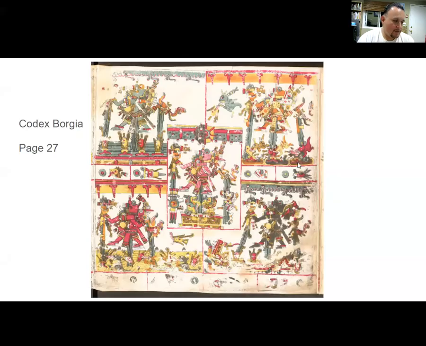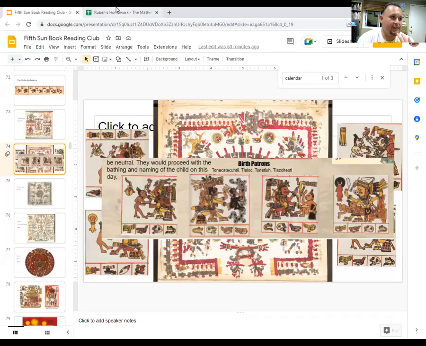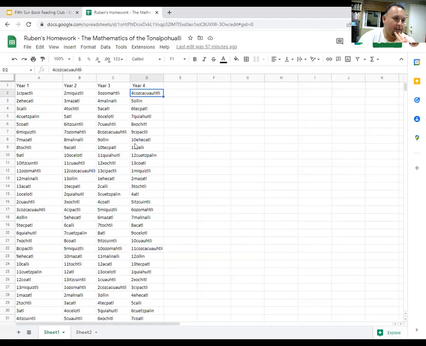And so in my spreadsheet, we're going to be able to see this very clearly. Okay, so if we follow the pattern that we just saw, where the day numerals have to match the years, and not only that, the year bearers have to match the particular starting day, it's going to look like this.